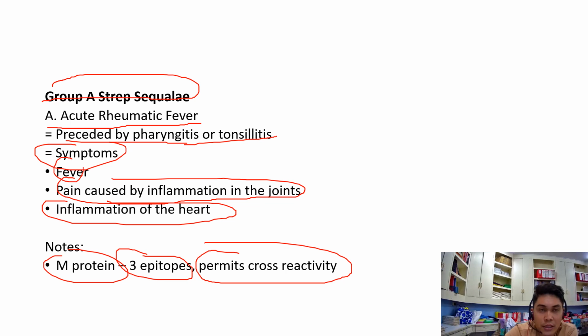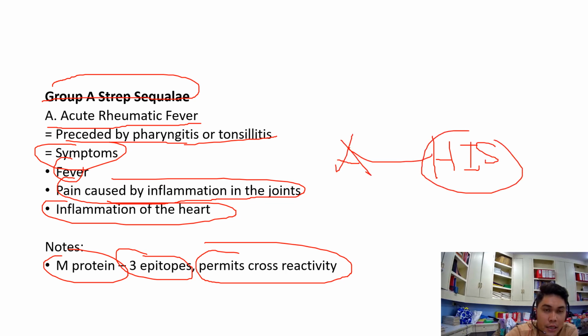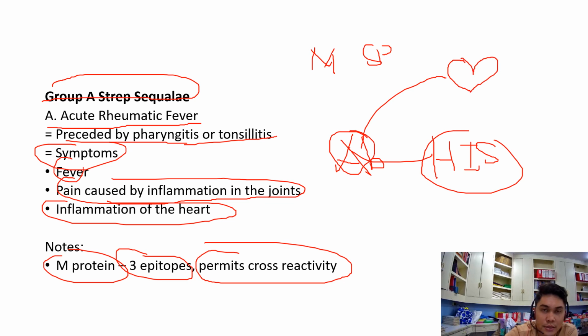Cross-reactivity means the host immune system produces antibody against the M protein of S. pyo, but this antibody can also react with the cells of the heart.